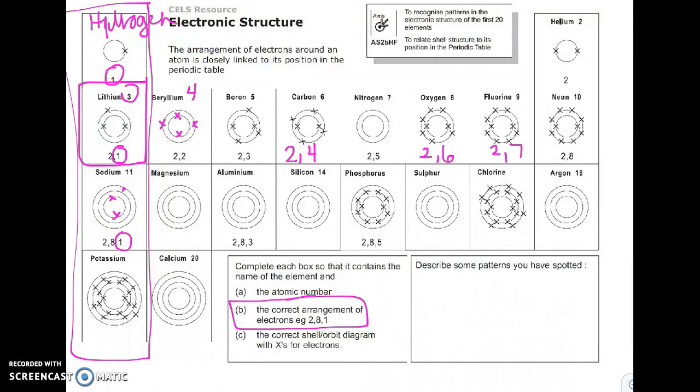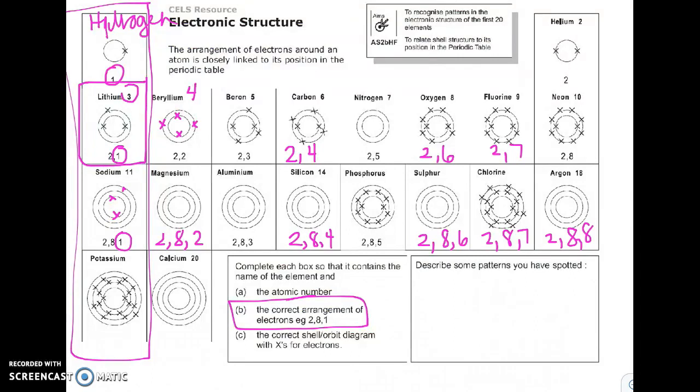Okay, and then again, as you go across, 2 followed by 8, and then 1 more electron in the outer ring. So here for silicon, 2, 8, 4; 2, 8, 5; 2, 8, 6; 2, 8, 7; and 2, 8, 8. So again, 8 in the second ring, 8 in the third ring.